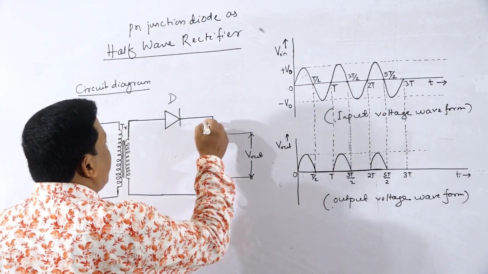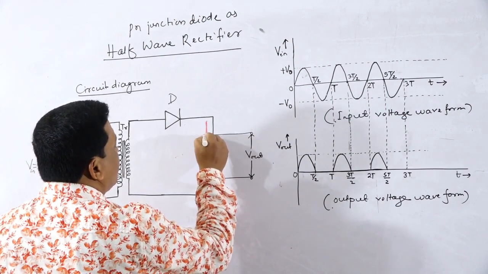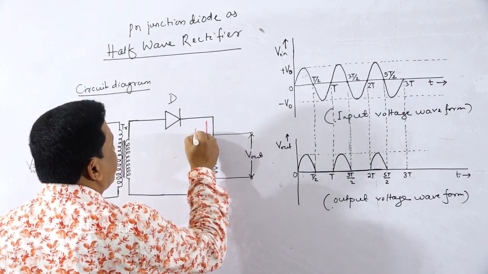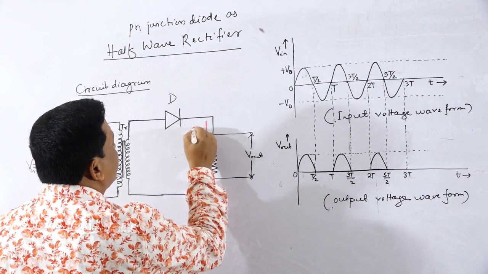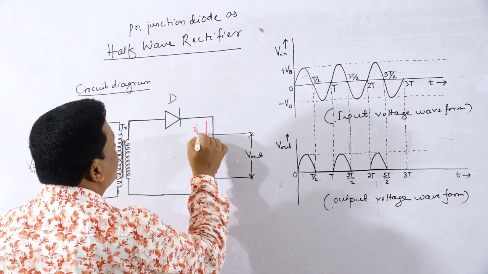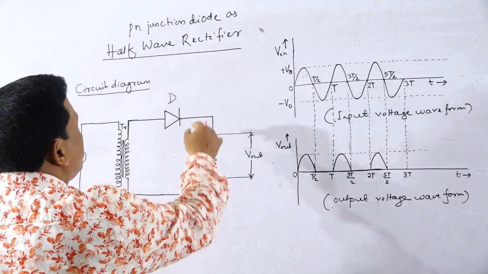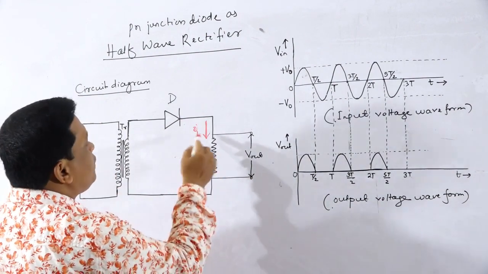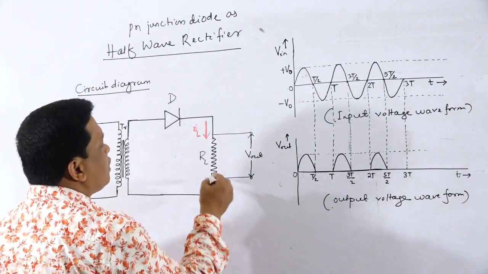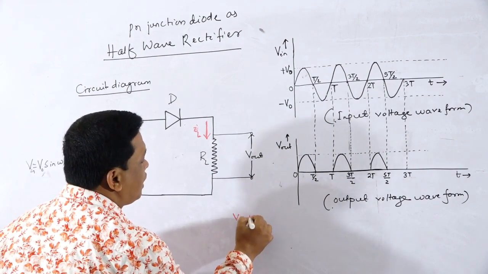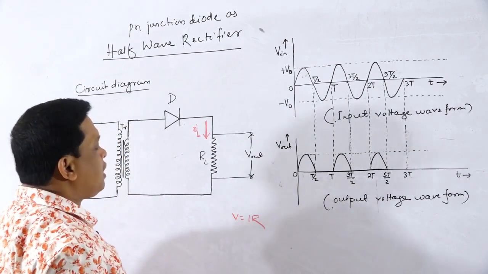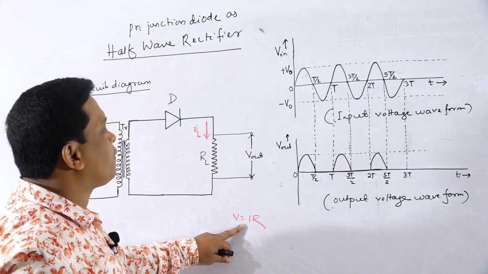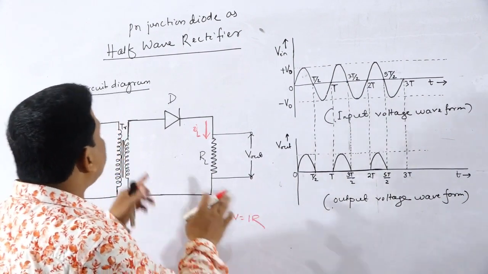As the current flows during the positive half cycle, you can take the load current like this. IL is the load current which is flowing through the load resistance. So there will be a voltage drop across the load because V equals IR.